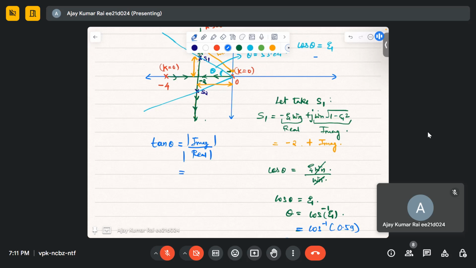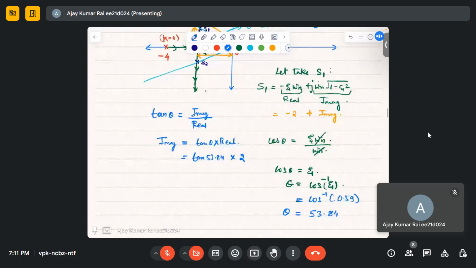So the imaginary part will be equal to tan theta into real part. Tan of 53.84 into real part 2. I'm taking the magnitude. So what is this value?